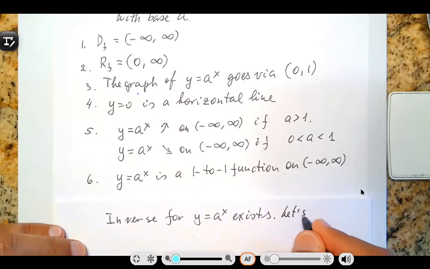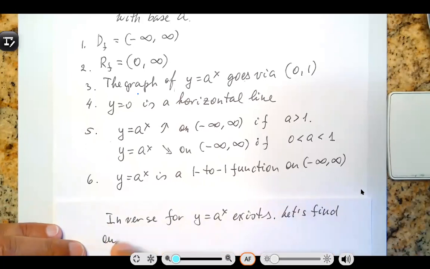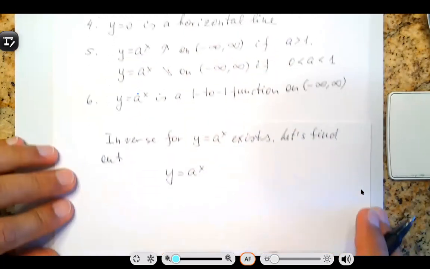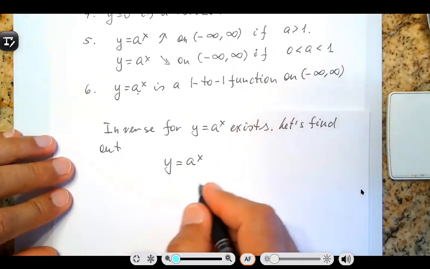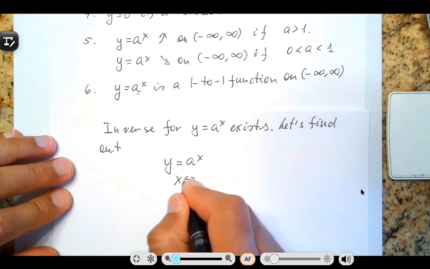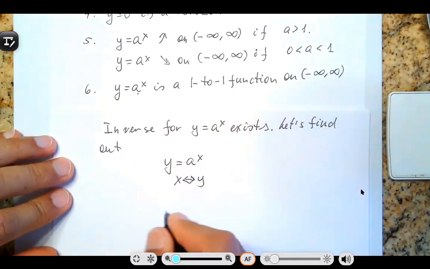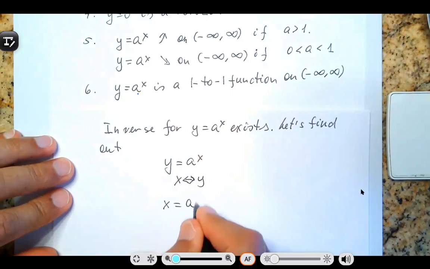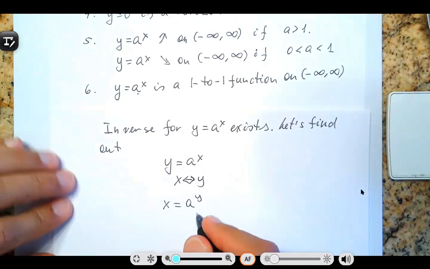Let's find out. So you take the equation y equals a to the power of x, exchange x and y. You get x equals a to the power of y. Now solve for y.